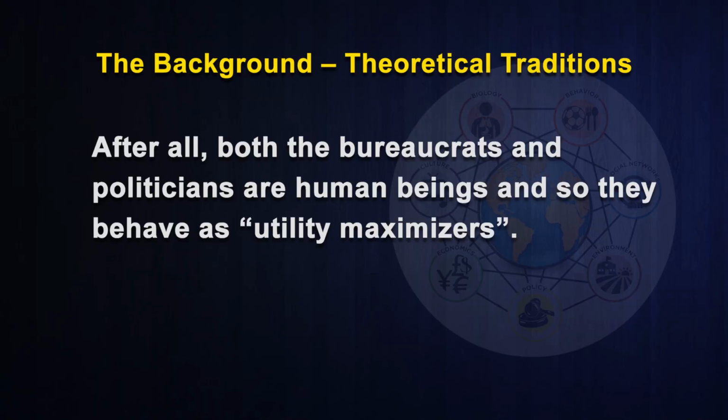After all, both the bureaucrats and politicians are human beings, and so they behave as utility maximizers. Politicians are interested only in votes. For that, they want to do whatever the policy. This politico-bureaucrat combine, instead of ensuring the provision of goods and services for the general public, often acts out of self-interest.